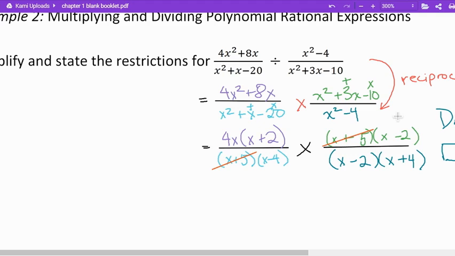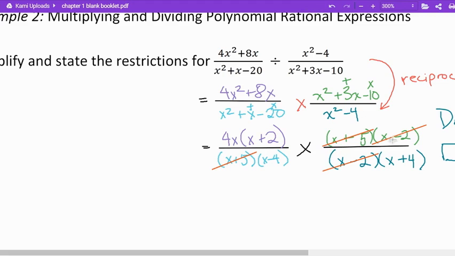I can cancel them out. Is there anything else? Yes, there is. I notice that there is an x minus 2 and x minus 2 in the numerator and denominator, and I can cancel them out. Is there anything else I can cancel? Nope.